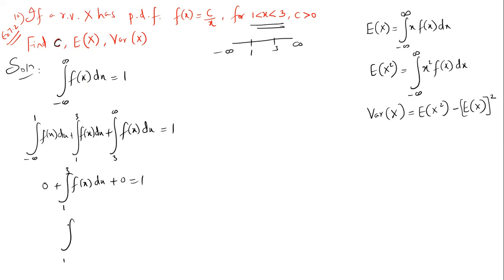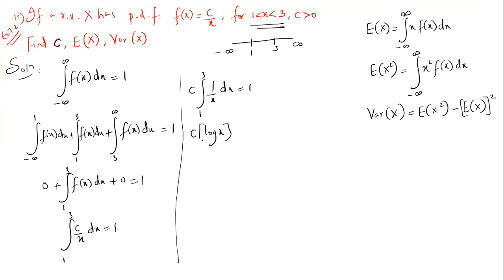The only thing that remains is the integral from 1 to 3 of f(x) dx. What is f(x)? It is given over here, c by x. So if I take c outside, the integration of 1 by x dx is equal to 1. So c is still outside. Integration of 1 by x is log x, from 1 to 3, the lower and upper limit.